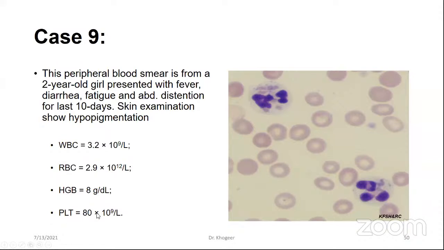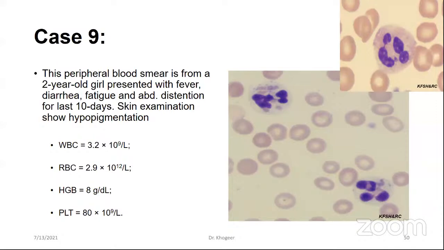So it's pancytopenia. And in this figure, the neutrophils reveal abnormal giant lysosomal granules, as you can appreciate here, which also can be seen in the granulocyte precursors, and also in the lymphocytes and monocytes.